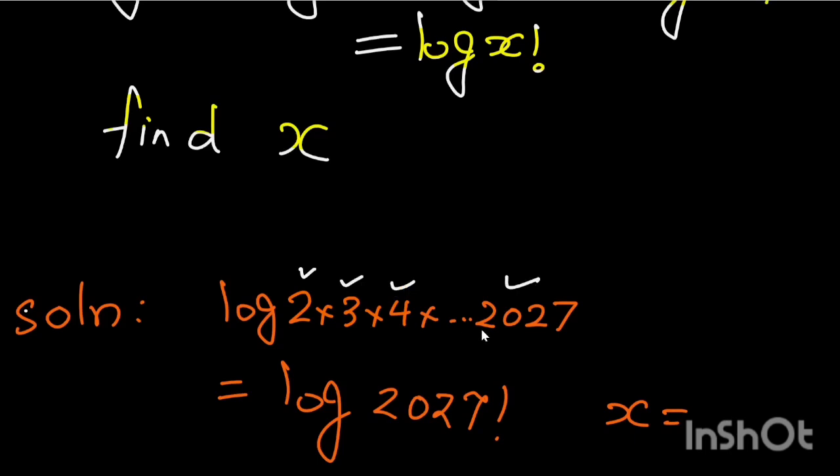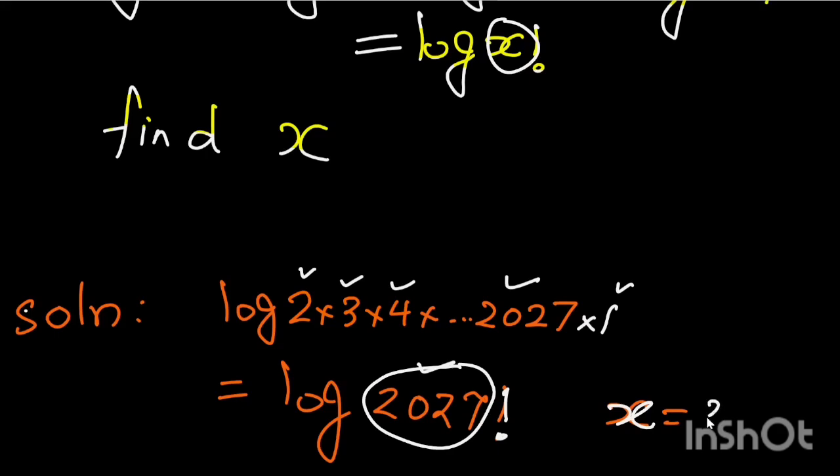Now 2, 3, 4 till 2027, 1 we can write just like that, multiplying 1 won't affect. 1, 2, 3, 4 till 2027 is 2027 factorial. So if you compare this x and this, your value of x would be 2027, guys.